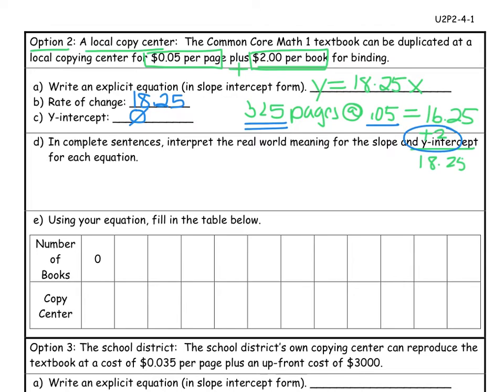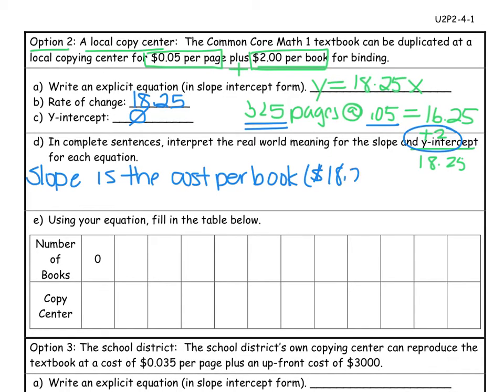So again, in complete sentences, interpret the real-world meaning for the slope and the y-intercept. So the slope, I guess that's not a complete sentence. The slope is the cost per book, and that includes each page and the binding, and that is $18.25.